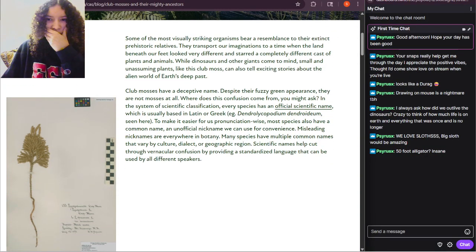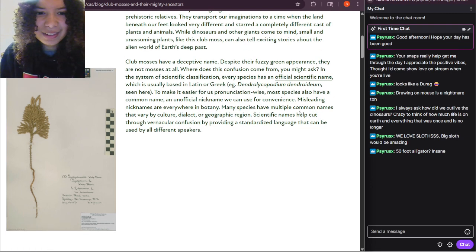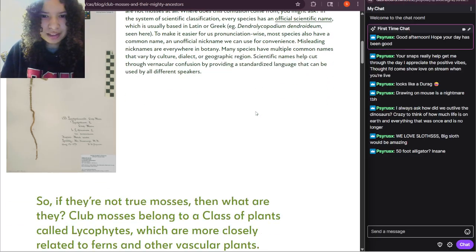They're not mosses at all. Okay, and why are they called club mosses? Leading nicknames are everywhere, blah blah blah.